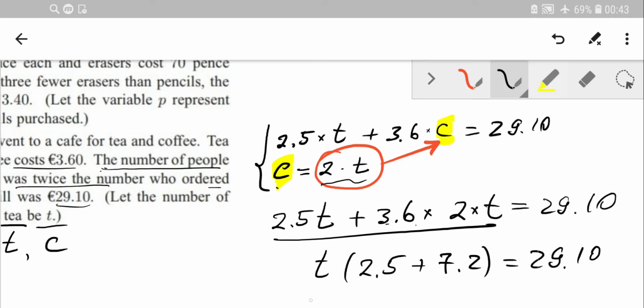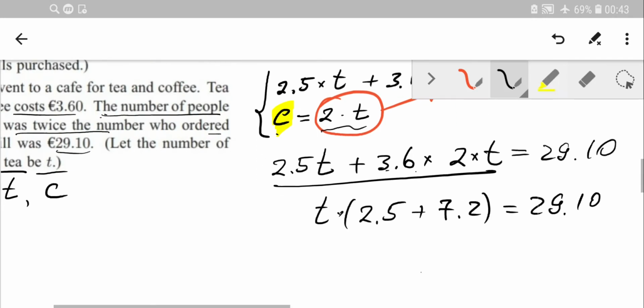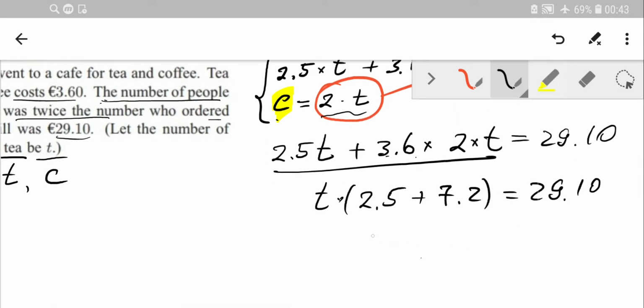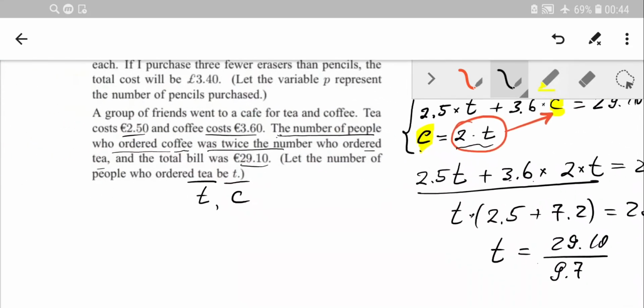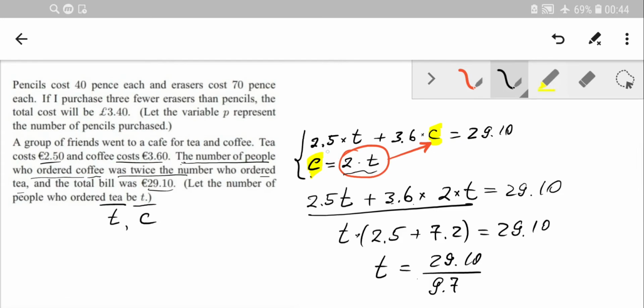From here we can find T by dividing 29.1 by 2.5 plus 7.2, so we'll get 9.7. You can do it with a calculator with no problems. So the core idea was how to form an equation from the problem.